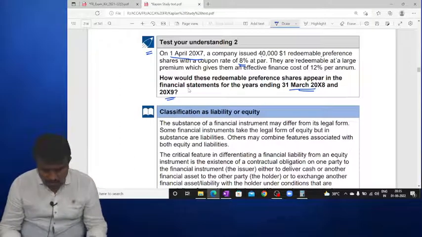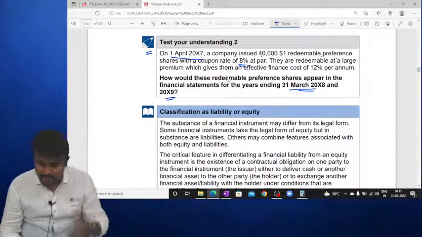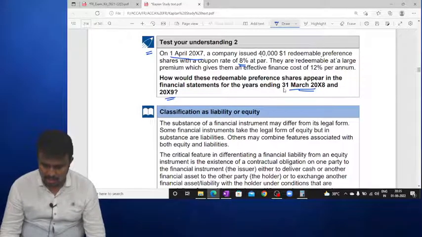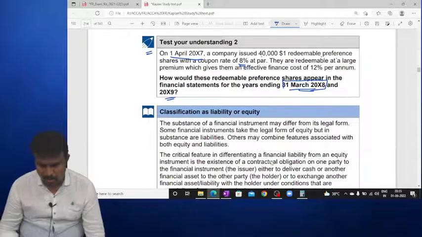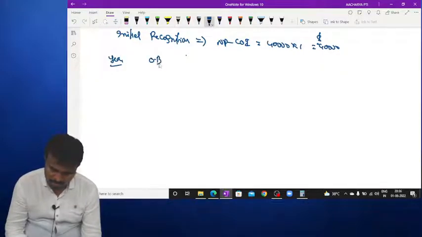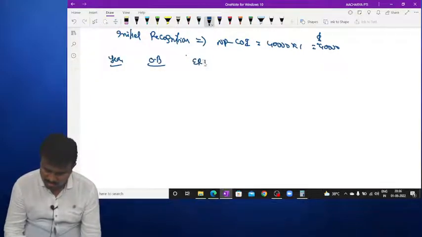Then how would these redeemable preferentials appear in the financial statements at the end of 31st March 20X8 and 20X9? How to show it? Same way, draft year, opening balance, effective rate of interest, and interest paid.